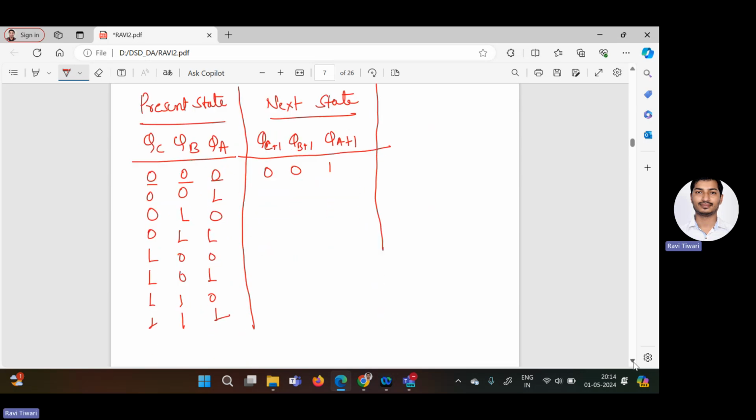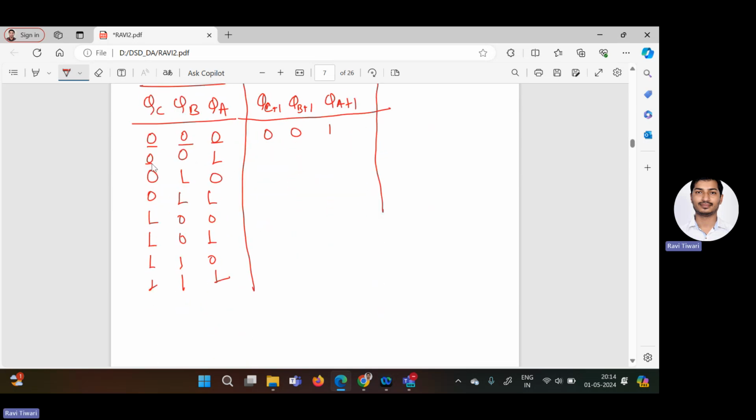Now, the simple meaning: if you are in state 0, 0, 1, that means in decimal form it's 1, so the next state will be 2, represented as 0, 1, 0. Similarly, if you are in state 0, 1, 0, the actual meaning is 2, so the next state will be 0, 1, 1, that means 3. From 3 it will be 4, 1, 0, 0.